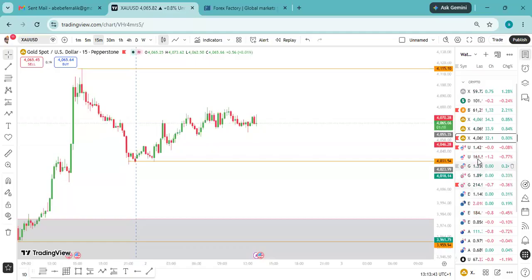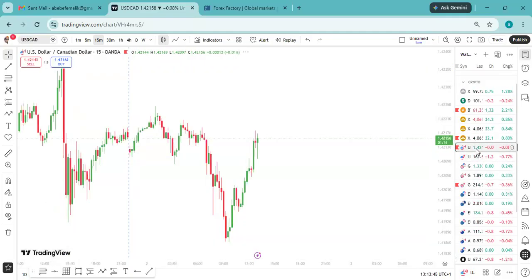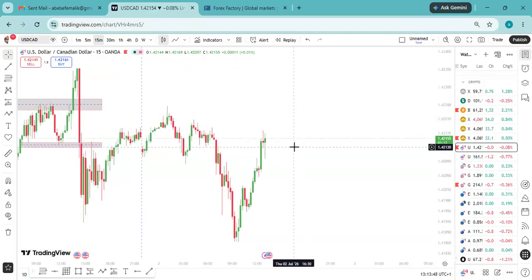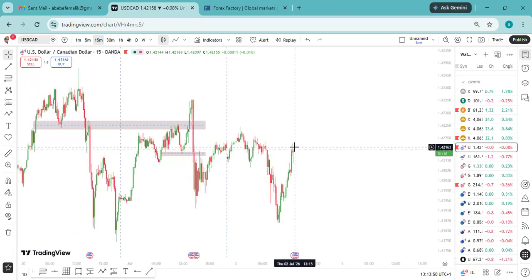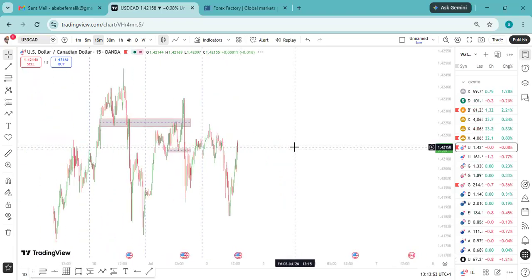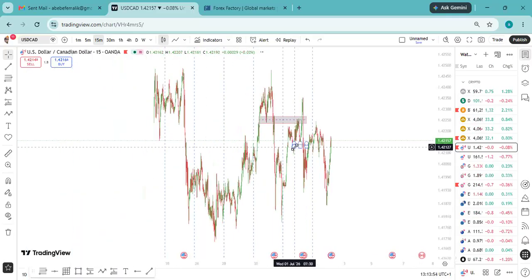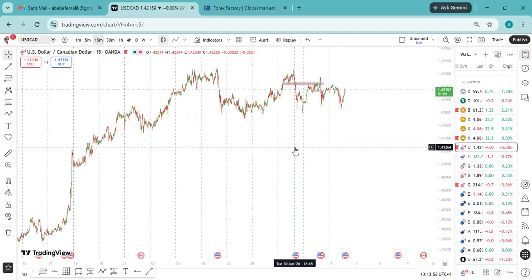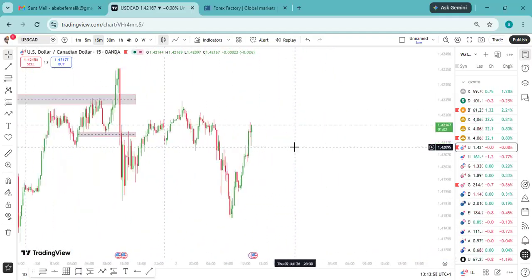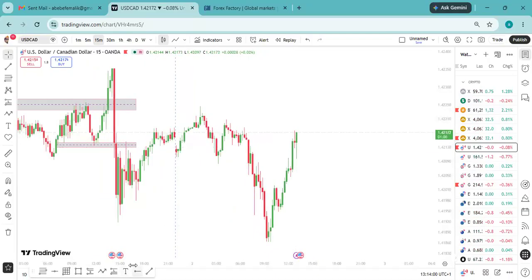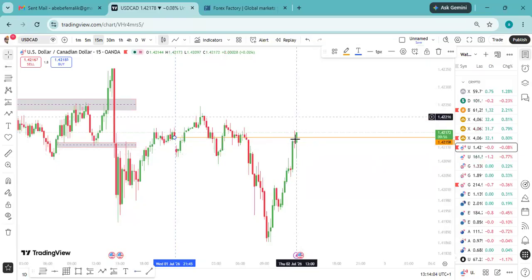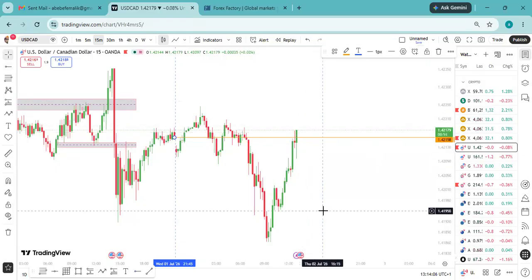That being said, let's check some USD pairs. We should be expecting USD pairs to weaken. For instance, USD CAD, we should expect it to weaken, and it's currently at this key zone here. So it might just try to push up, and maybe come down.